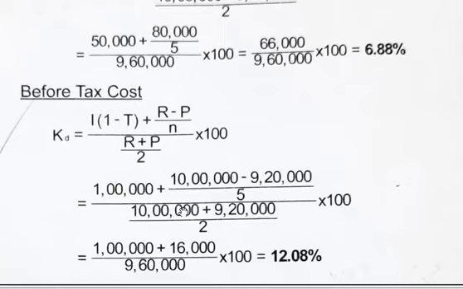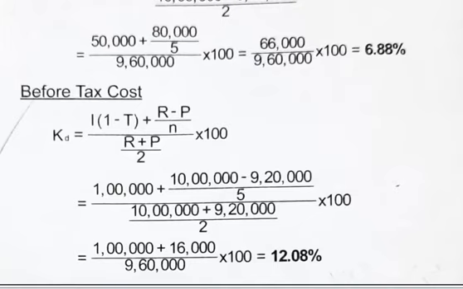So now 1 lakh minus 20,000, it is 80,000. 80,000 divided by 5, 16,000. If you add and divide by 2, you will get 9,60,000. 1,16,000 divided by 9,60,000 into 100, you will get 12.08%. So this is before tax and that is after tax. The only difference is the formula.